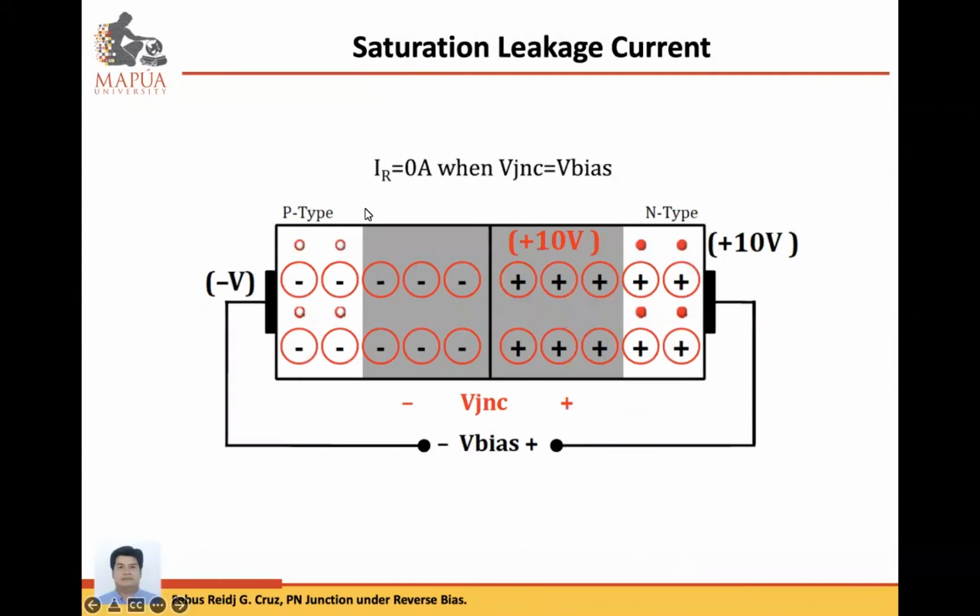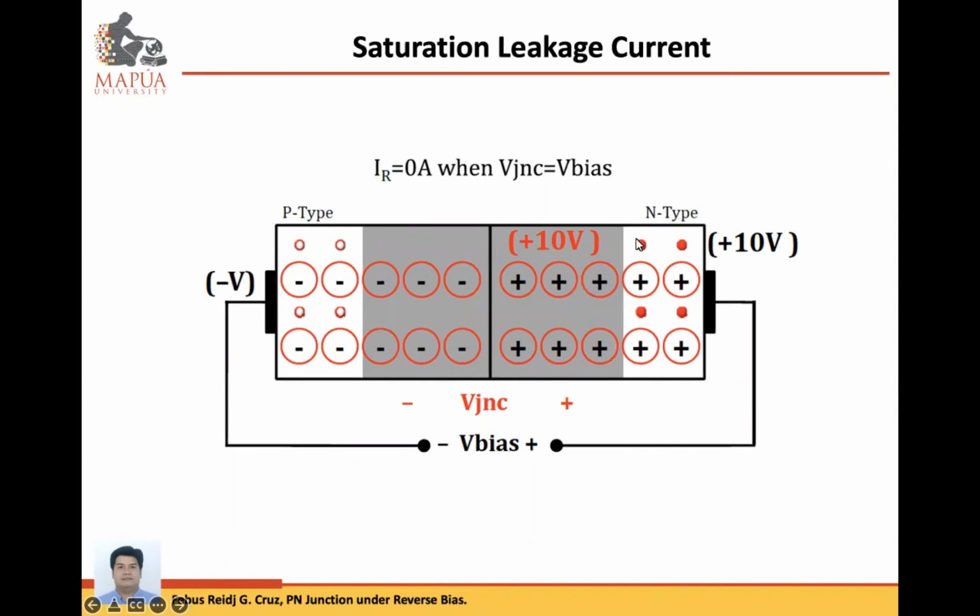The reverse current due to the saturation leakage current is totally zero when the internal junction voltage equals the bias voltage. So for example, you have positive 10 volts on the outside terminal on the cathode, and you also have positive 10 volts on the internal junction, on the p-n junction.